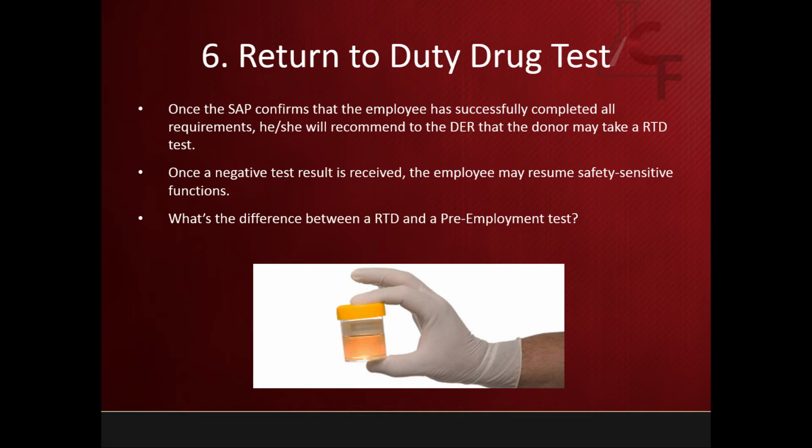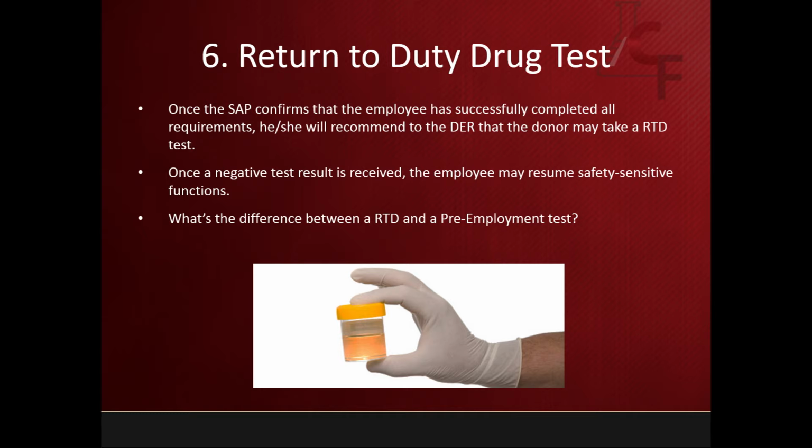So what's the difference between return to duty versus a pre-employment test? Again, return to duty tests are only to be given after an employee has violated the drug and alcohol program and received a positive drug test, or a non-negative drug test. And they must have completed the initial steps of the return to duty process before finally getting that final drug test.